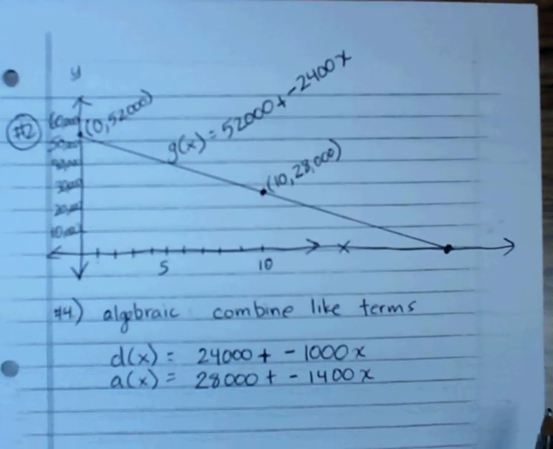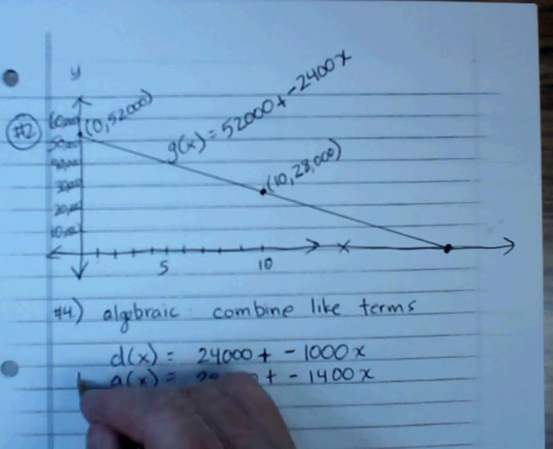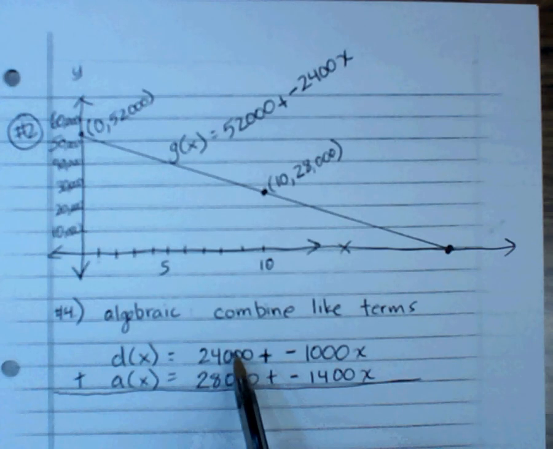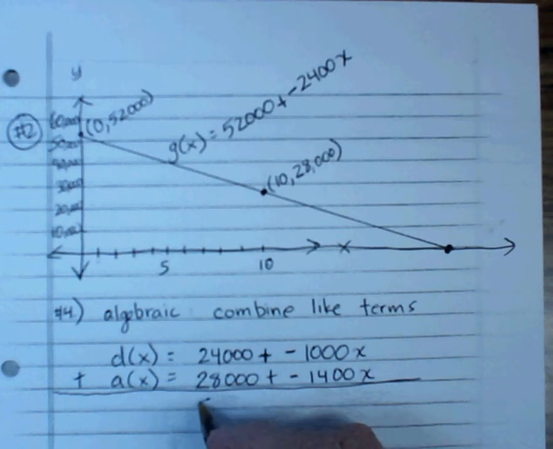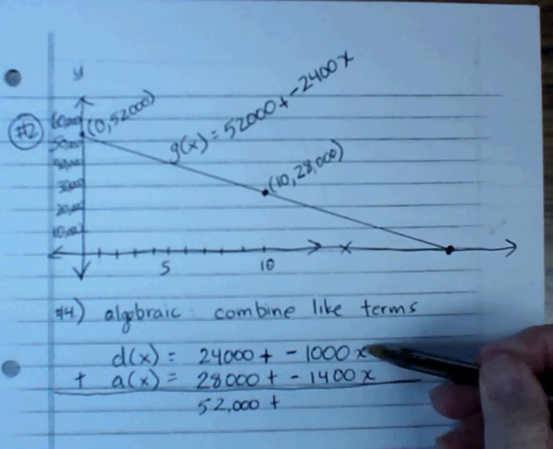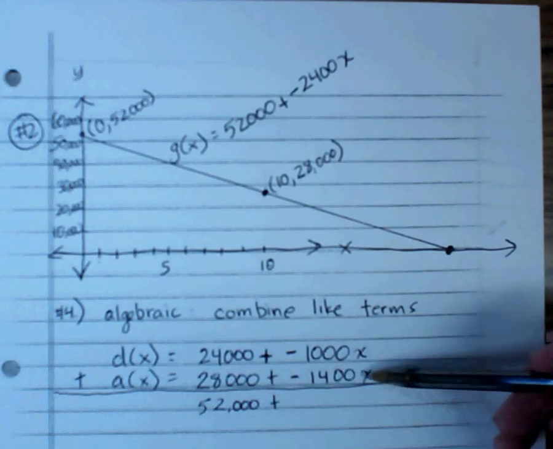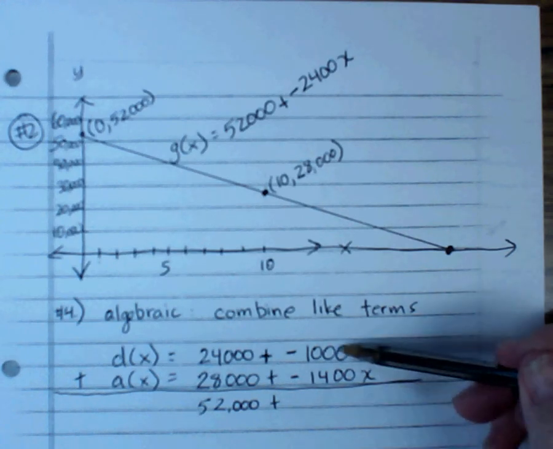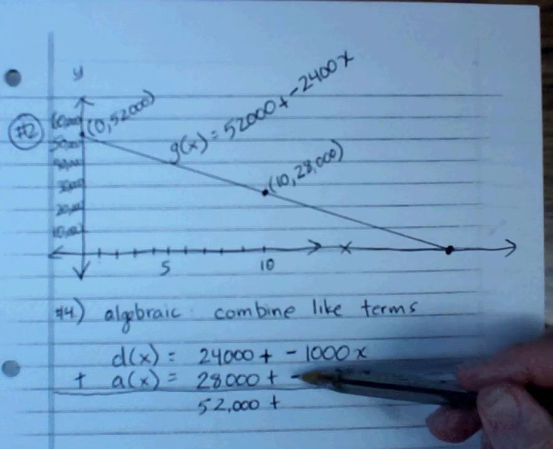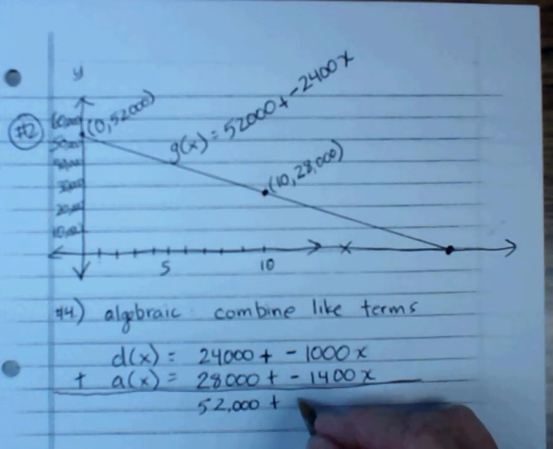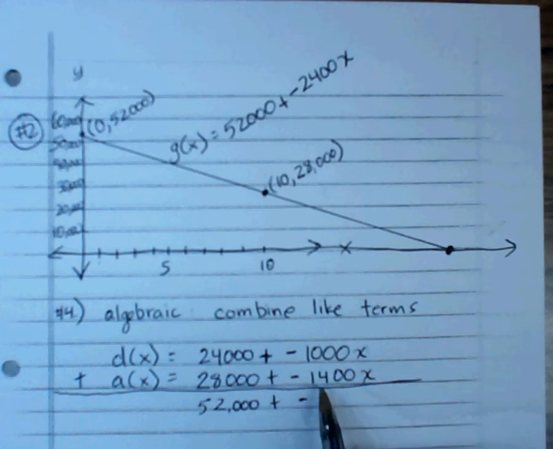And so if I'm just going to add these, just like you add anything, I add my constants together and I get 52,000. Okay, I add my x terms together. It's just like adding anything else. They could be Baby Ruth bars. Negative 1,000x plus negative 1,400x. It's easy to add those. They're all negative, so it's just a negative answer, and we add it all up, negative 2,400x.